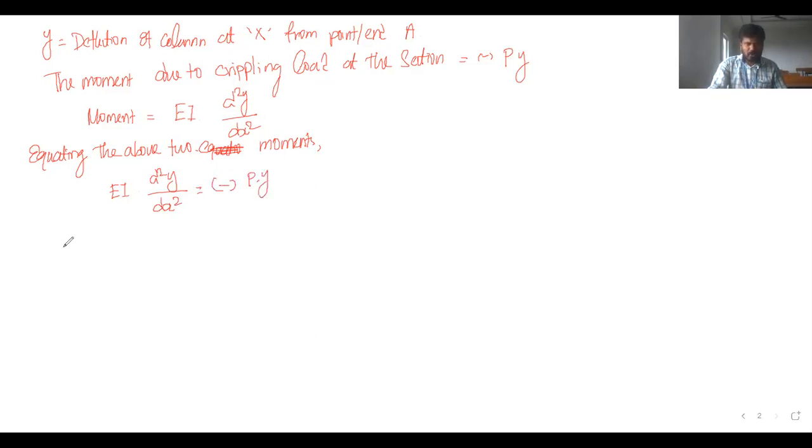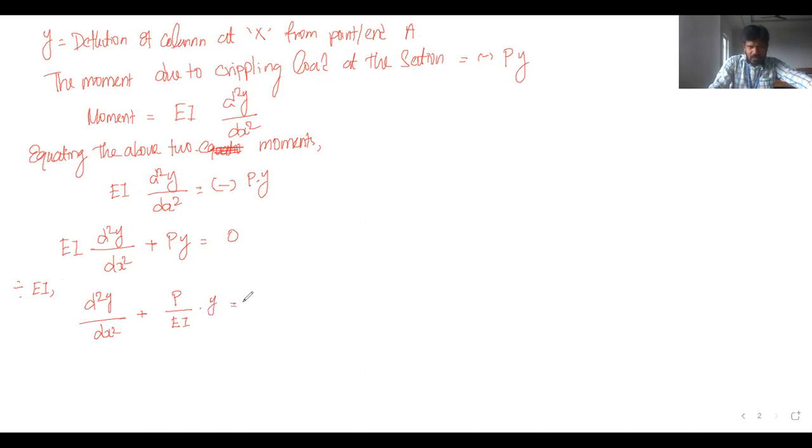Taking minus Py to the left hand side, it becomes plus P y is equal to 0. Now dividing this equation by EI, we get d squared y by dx squared plus P divided by EI into y is equal to 0. So this is the equation we get.